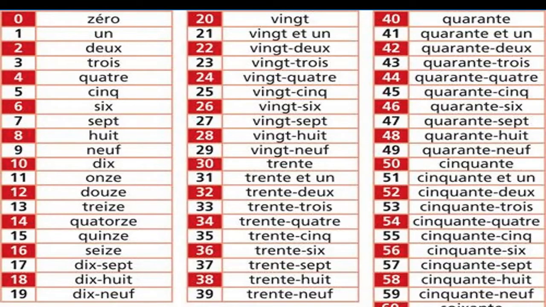After that I use the same numbers from 1 to 9 each time with 20, 30, 40, 50, 60, like we studied before. So I say 20, 21, 22, 23, 24, 25, 26, 27, 28, 29. After that 30.